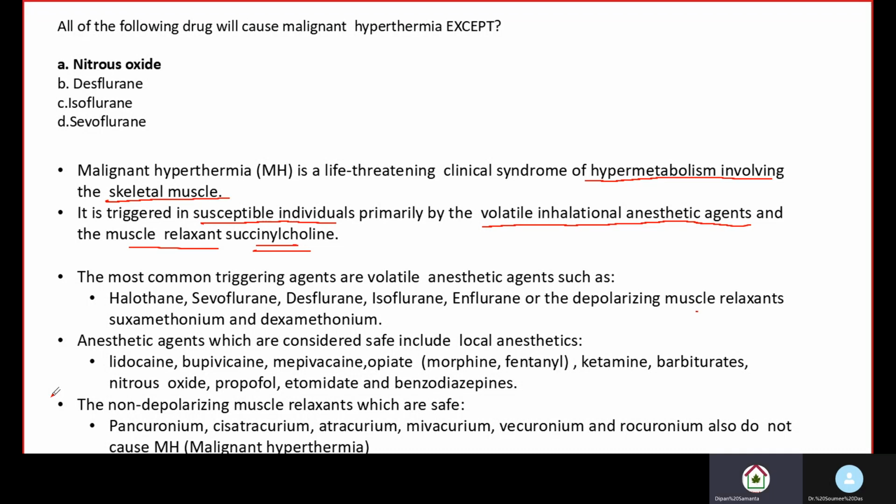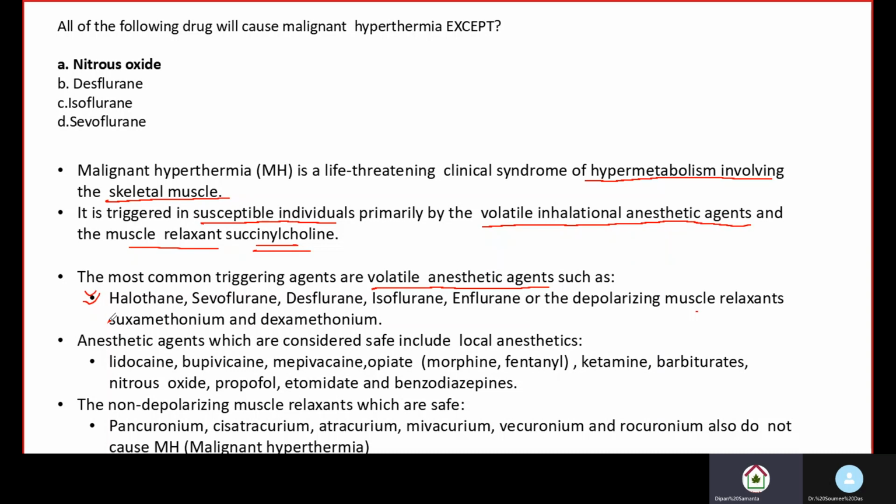The most common triggering agents are volatile anesthetic agents such as halothane, sevoflurane, desflurane, isoflurane, enflurane, and or the depolarizing muscle relaxants succinylcholine and decamethonium.